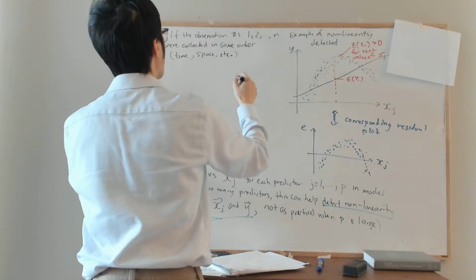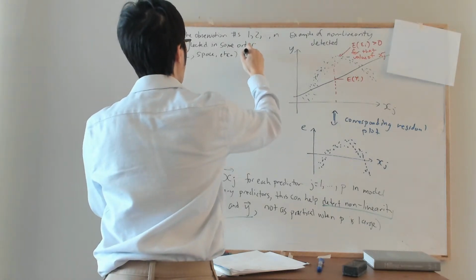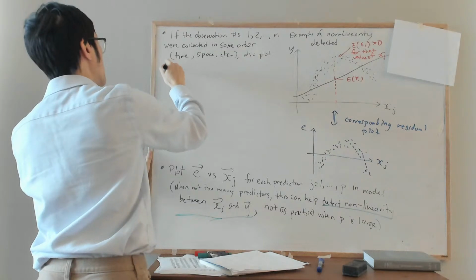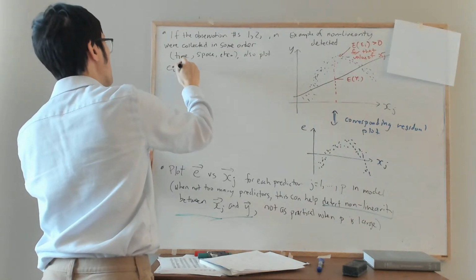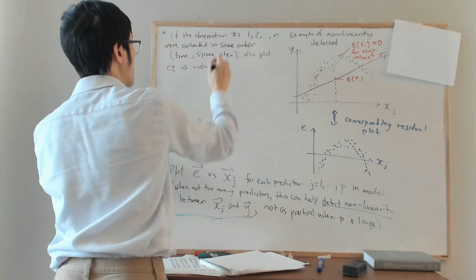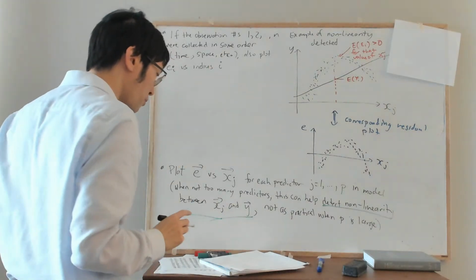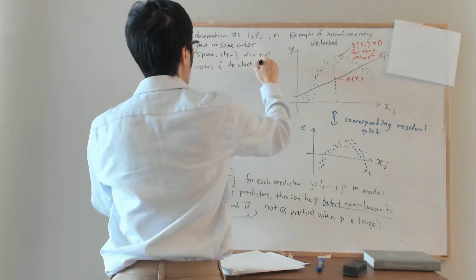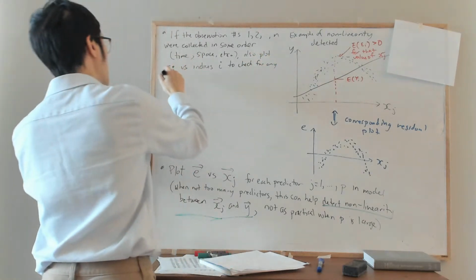So we can plot the residuals e_i versus the indices i to check for any patterns.